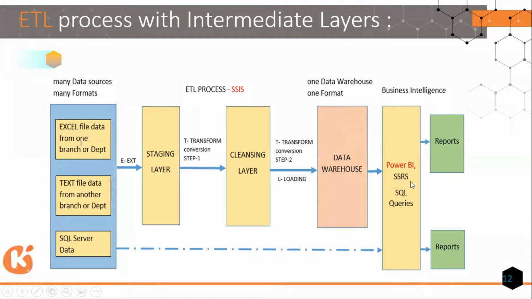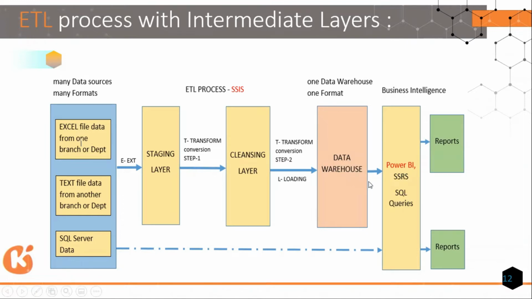After the data warehouse, we will start generating the reports using any reporting tool like Power BI, SSRS. The reporting tool can connect to the data warehouse or directly to source data. You can see a dashed line at the bottom. If your project is big and you have a data warehouse, you can connect it to the data warehouse.